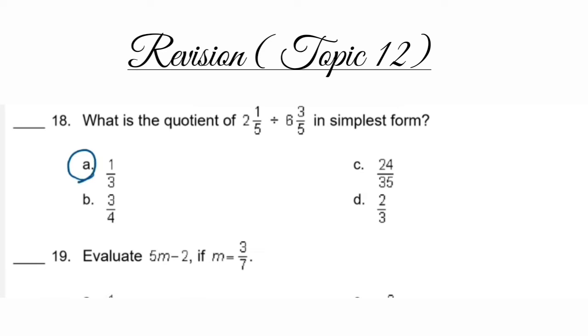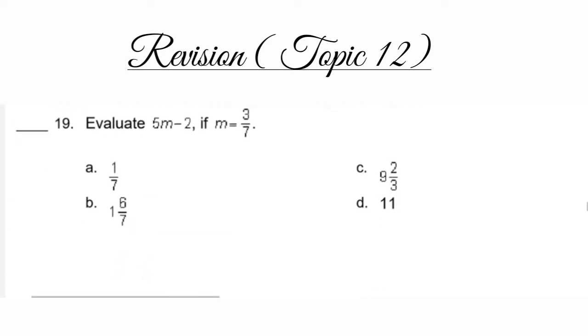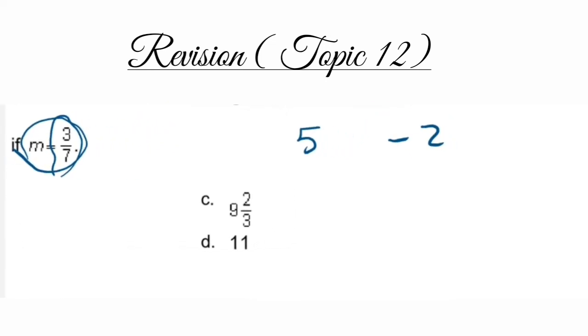Question 19. Evaluate 5m minus 2 if m is 3/7. Okay, substitute in 5m minus 2, remove m, and write 3/7. So I will remove m and write, instead of m, 3/7. Now multiply 5 by 3/7.